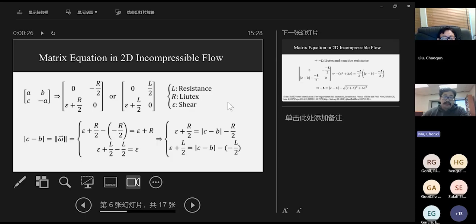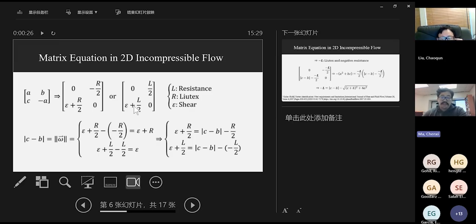And therefore, let's look at the number on the lower left corner, epsilon plus R over 2, that equals the absolute value of C minus B minus R over 2. And epsilon plus L over 2 equals the absolute value of C minus B minus negative L over 2, which means we can put them together by using a uniform variable.